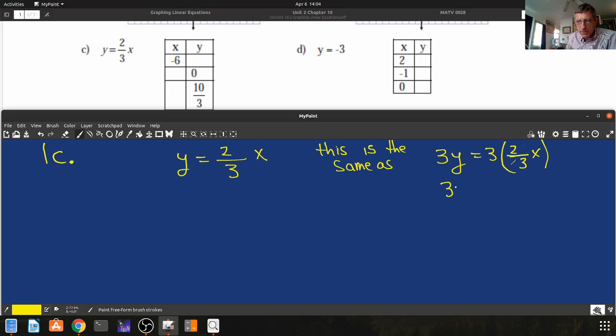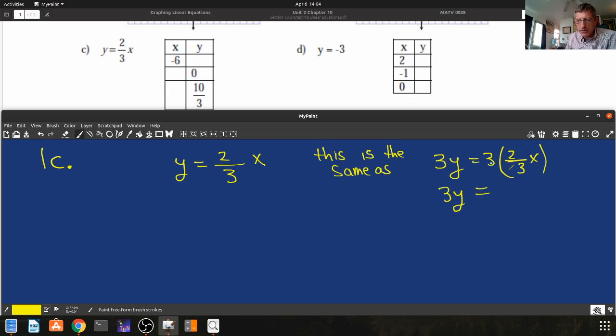There's nothing to simplify on the left-hand side, but on the right-hand side, 3 times 2/3 x is 3 numbers multiplied together. 3 times 2/3 times x is the same as 3 divided by 3, which is 1, times 2, which is 2, times x. So that's 2x.